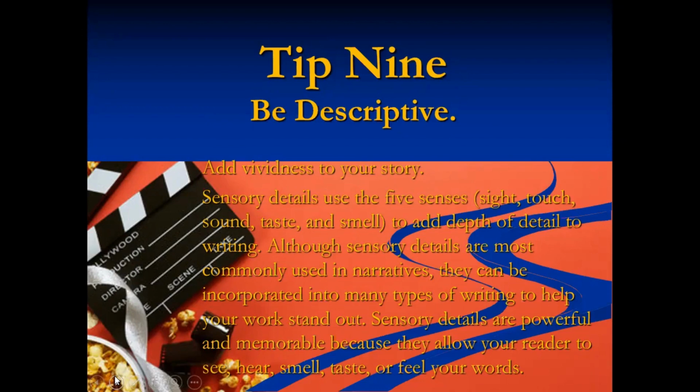And it's very important for you to use sensory details because it allows your story to be memorable, and in some cases it allows the reader to understand the true meaning because they're able to experience it through their five senses.